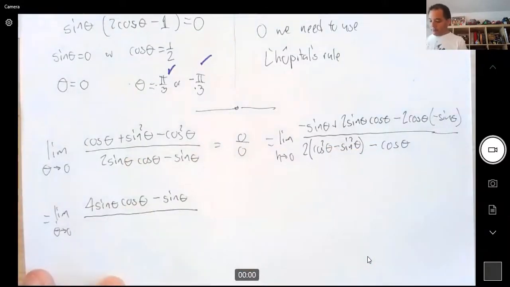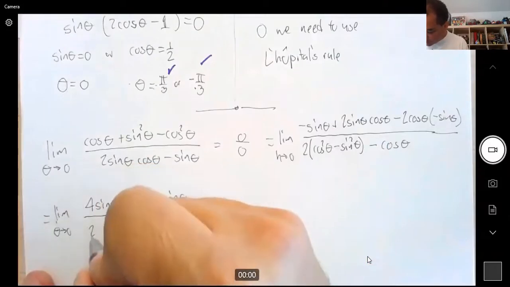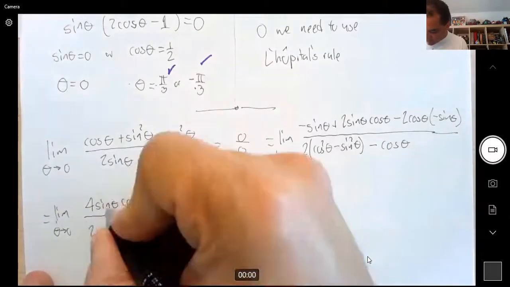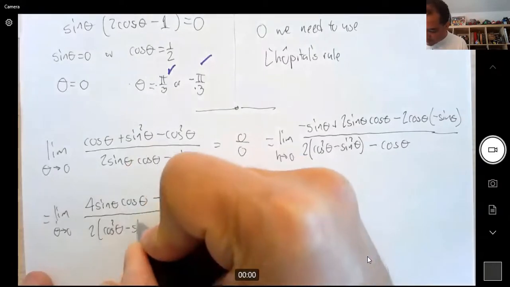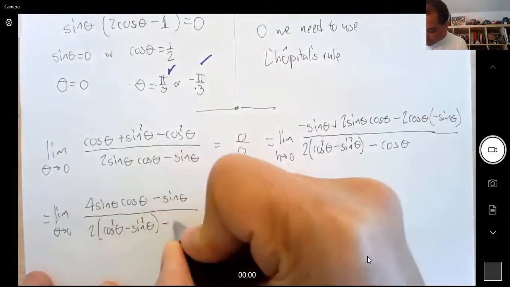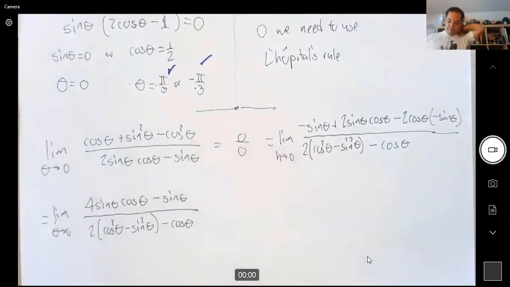And in the bottom, we have 2 times cosine squared theta minus sine squared theta minus cosine theta, right? And we want to do it when theta approaches 0. So let's plug in 0 and see what happens.